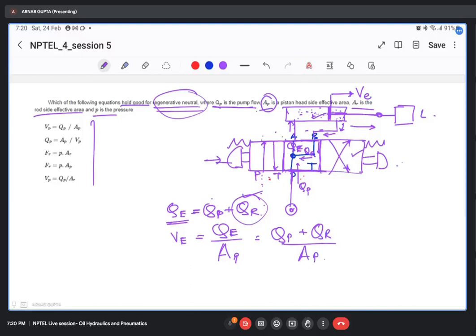Now, if you look at the value of QR, QR is the amount of liquid that is coming out through here. Q is again area multiplied by velocity. The area on this side is nothing but the area of the piston minus the area of the rod, multiplied by VE.